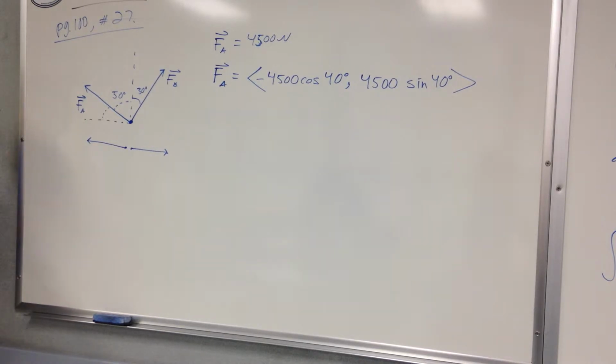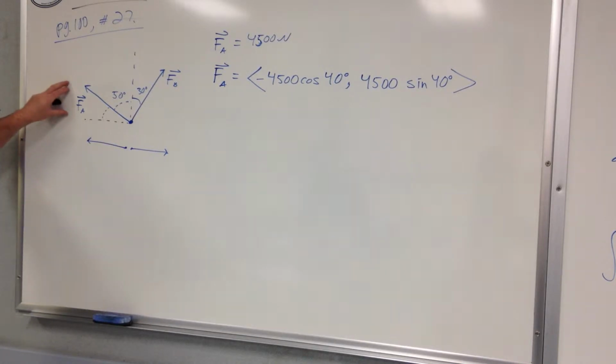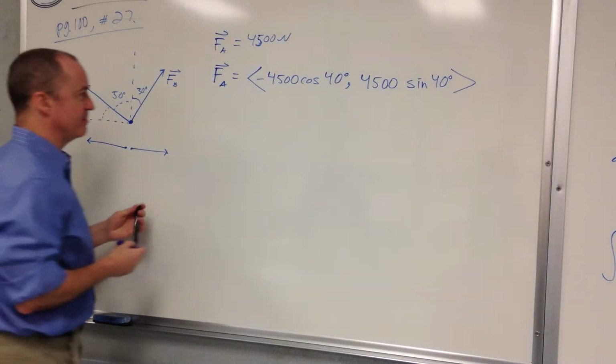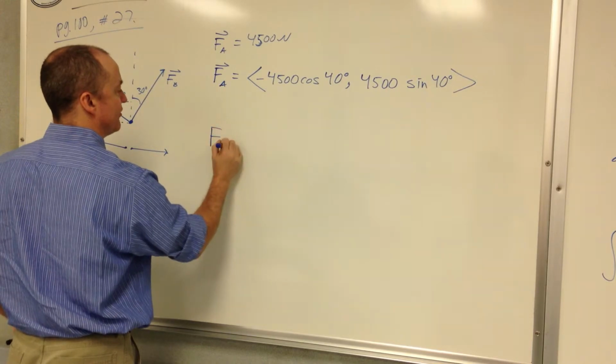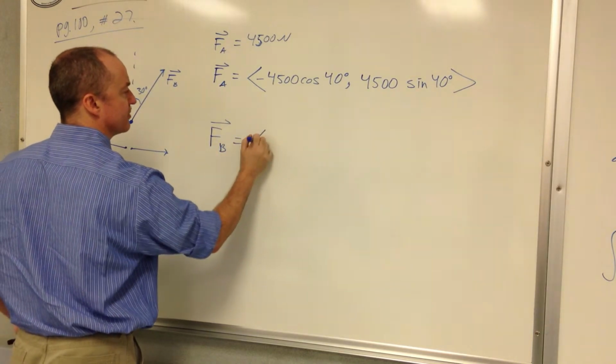Any questions on how I set that part up? Does that accurately describe force sub A? Okay, now here's all we know about force sub B. I'll write that here, but I'm going to fill this in as we go.